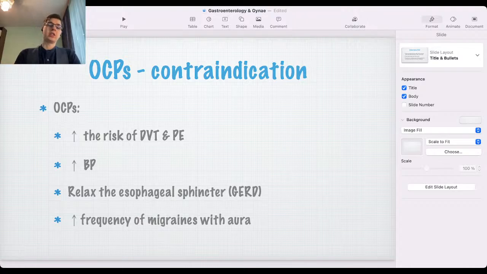Do you have any idea what is the mechanism behind the contraindication of OCPs to migraines with aura?